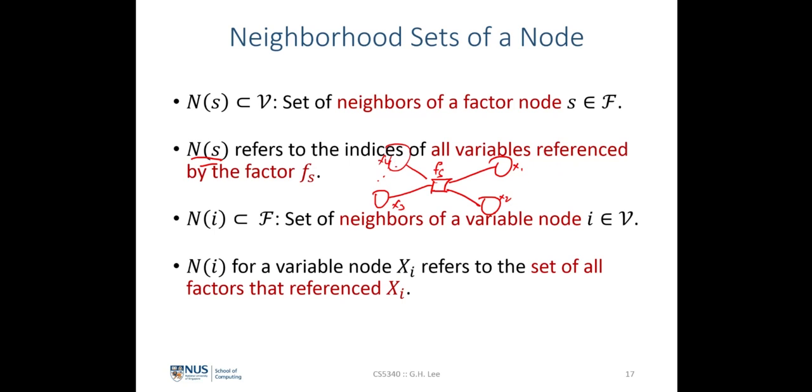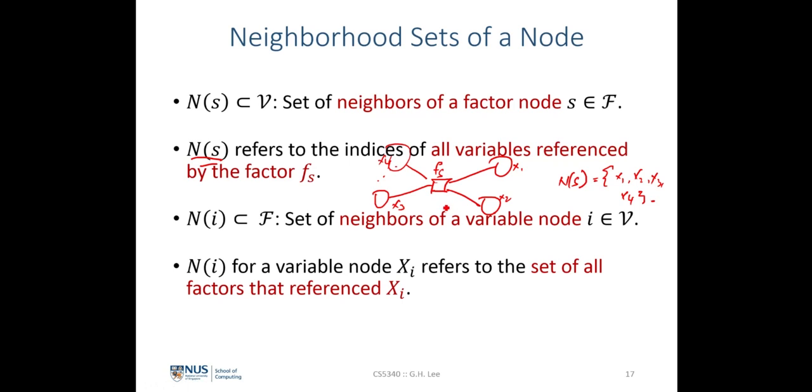When I say n of s, we are referring to the set of nodes x1, x2, x3, and x4 that is directly connected to the factor node fs in this example.